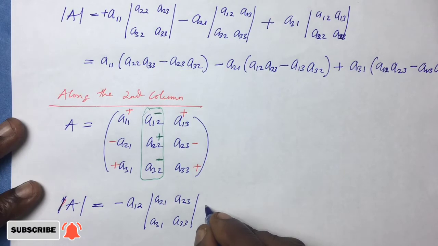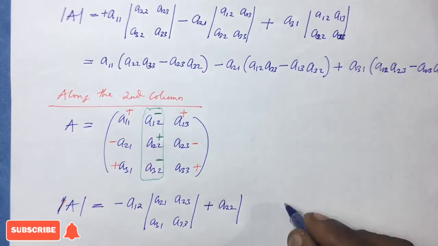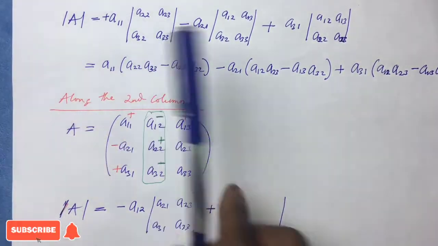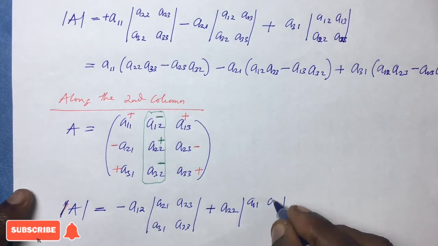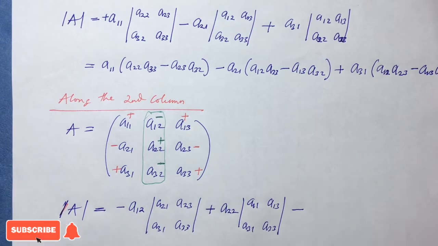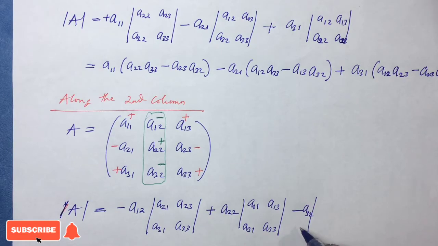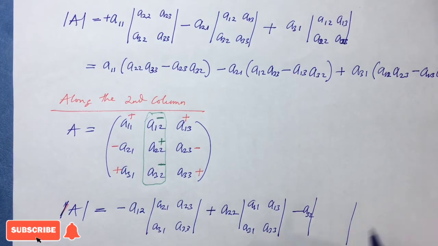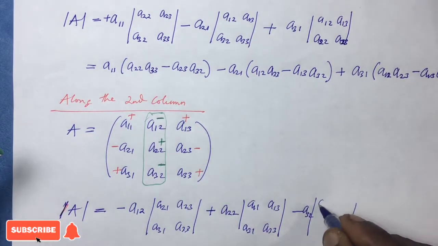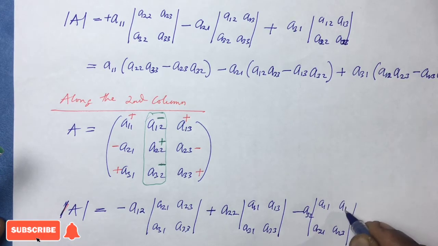Then the next element is plus A22, so that will bring out A11, A13, A31, A33. Then take the last, which is minus A32, and its minor comes here: A11, A21, A23, and then A13.